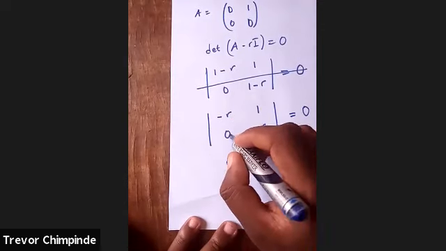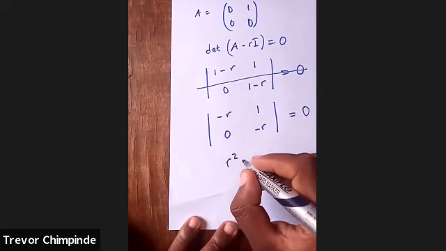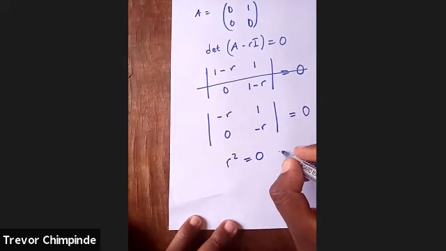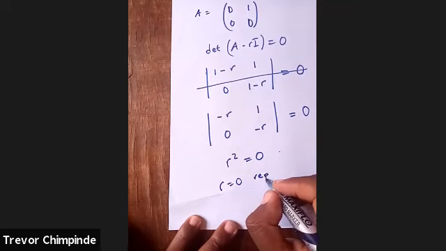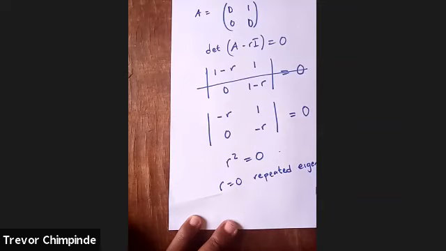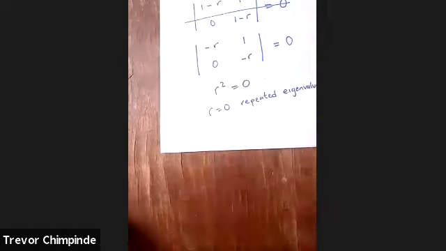Then minus 1 times 0 is 0. So this is equal to 0, implying that R equals 0 is a repeated eigenvalue. And this is no problem. So we solve for the eigenvectors.